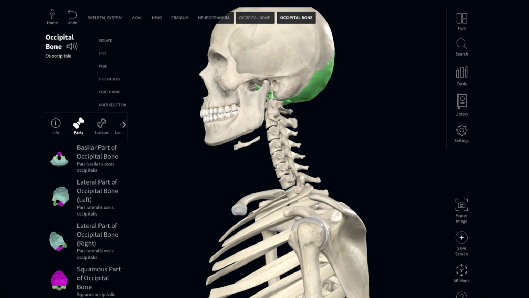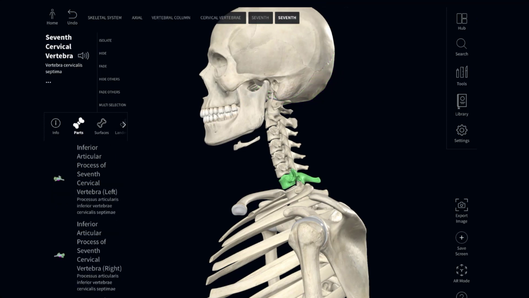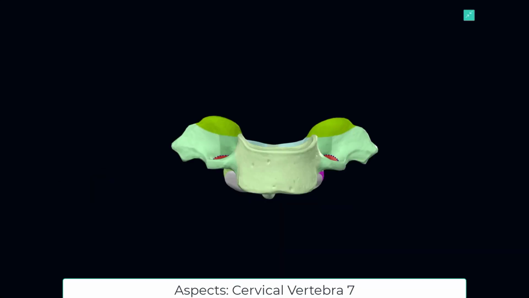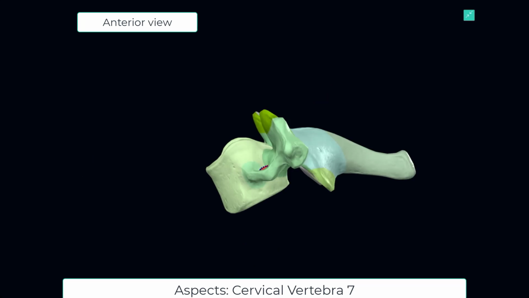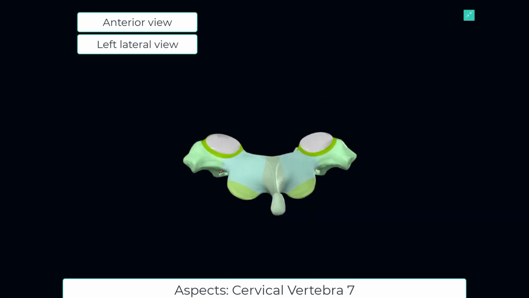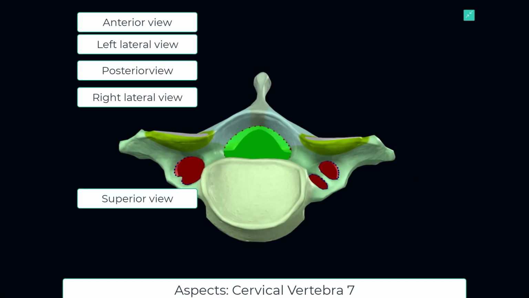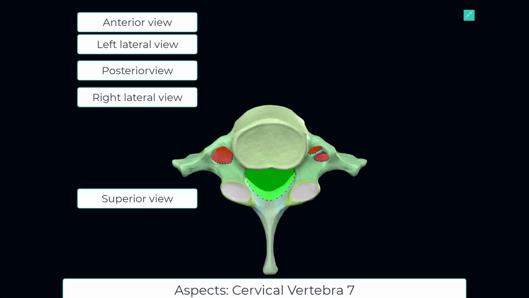I want to start from the seventh cervical vertebra first of all, because it has more similarities than, for example, the first cervical vertebra. All right, this is the anterior view, left lateral view, posterior view, right lateral view, superior view, inferior view.